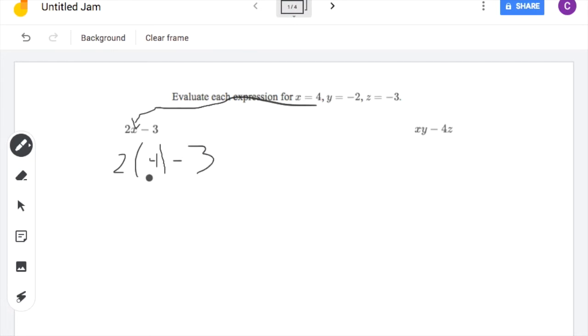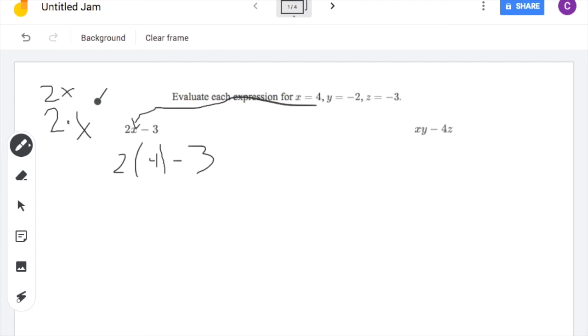Now, you might be wondering, why did I put the parentheses, which means multiplication? The reason is that 2x by itself is representative of 2 times x.